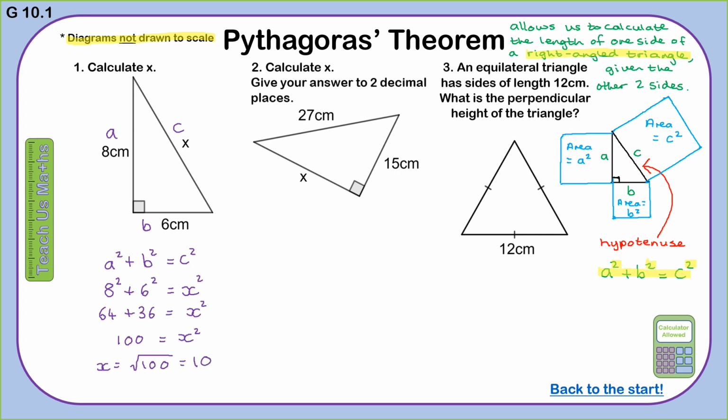So the length of the hypotenuse, side x, is 10 centimetres. I can check that this seems a reasonable answer because we can remember that the hypotenuse is the longest side, so x needs to be larger than 8 and 6. So I'm happy that my answer seems reasonable.